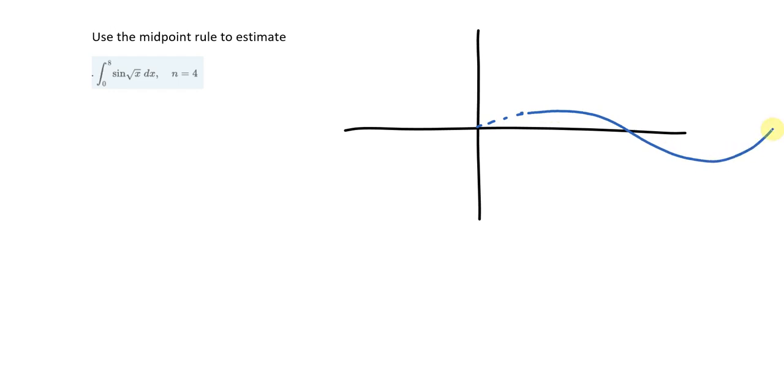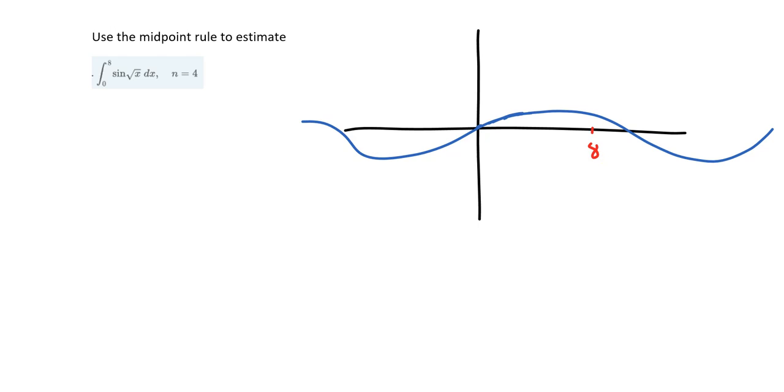And it's going to look like that. Now, we want to go from 0 to 8. So 8 would be maybe somewhere up in here. It's before it crosses the x-axis.